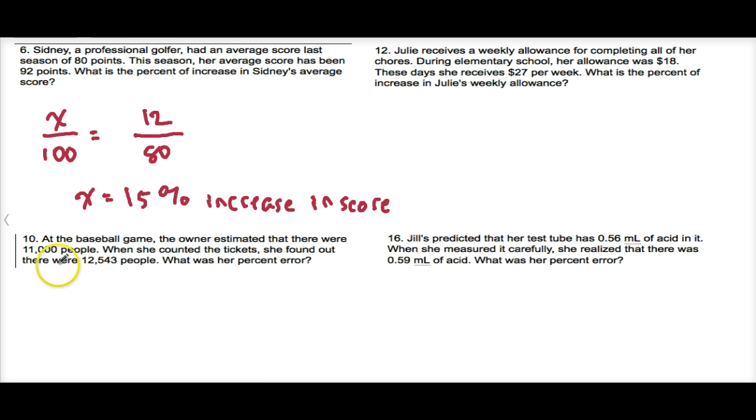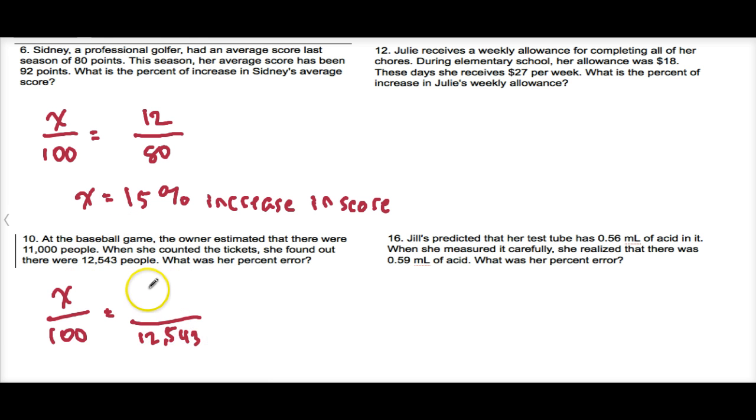Okay, number 10. At the baseball game, the owner estimated there were 11,000 people. When she counted the tickets, she found out there were 12,543 people. What was her percent error? So we're going to do our percent over 100 because we don't know the percent. We're going to put our actual number on the bottom. So there were actually 12,543.